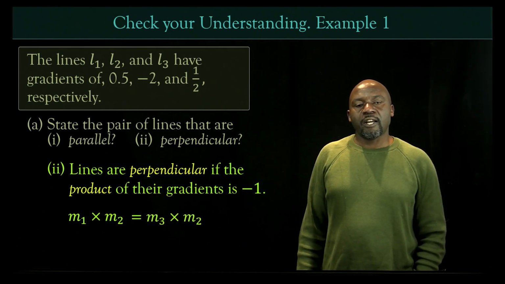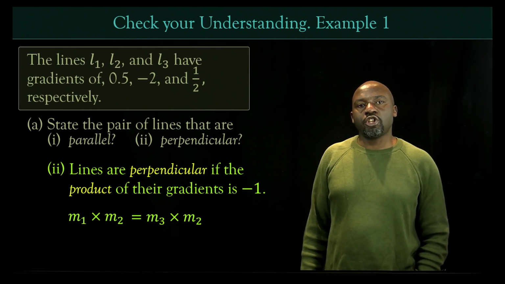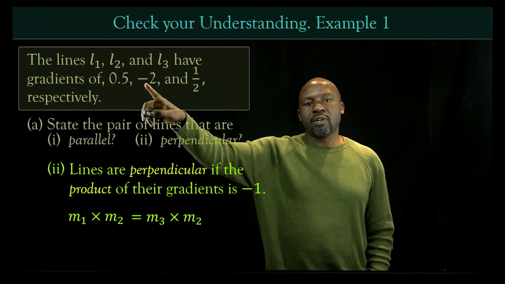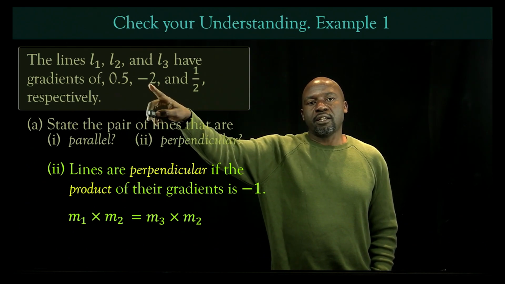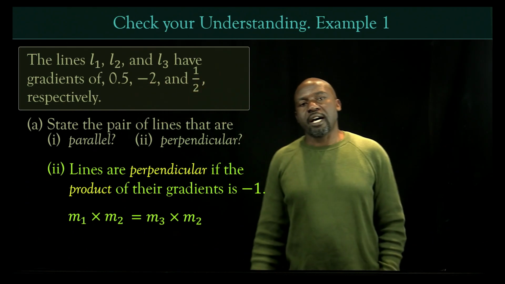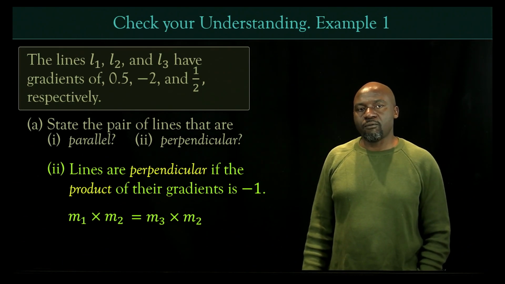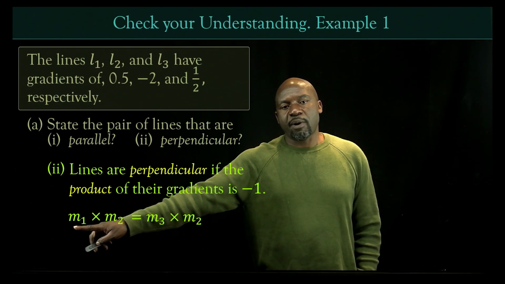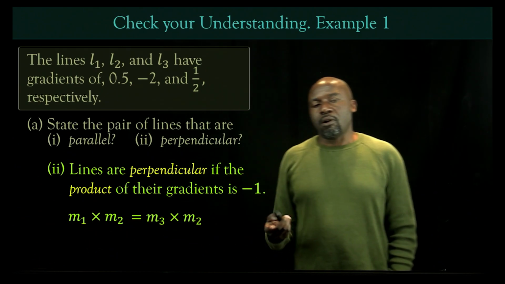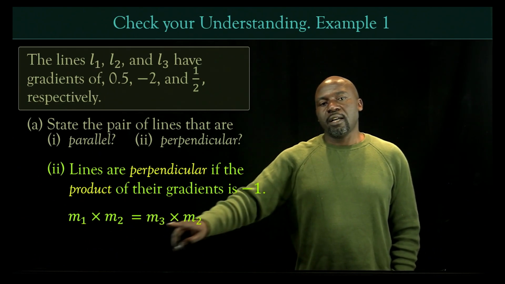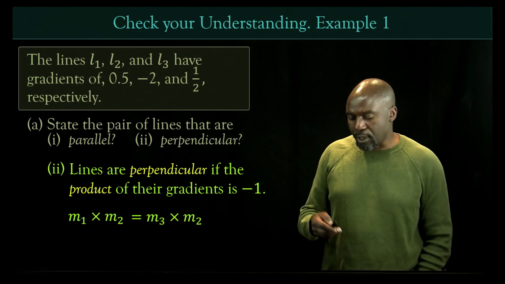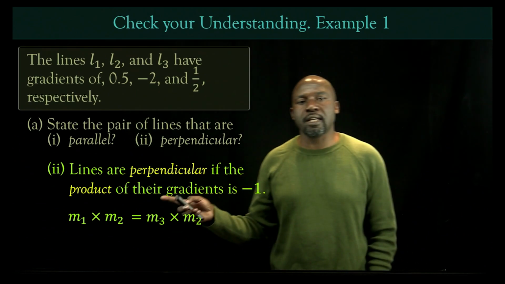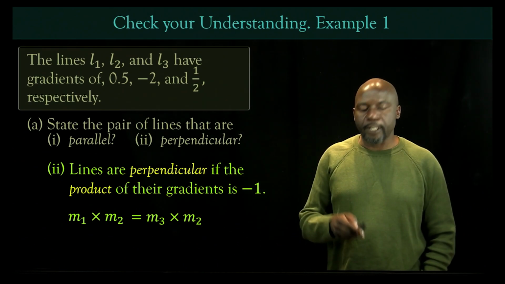Similarly, if I take line 3 and multiply by line 2, -2 multiplied by a half also gives me -1. And therefore, line 1 is perpendicular to line 2, or you may have chosen line 3 being perpendicular to line 2. So line 2 is perpendicular to both line 1 and line 3.